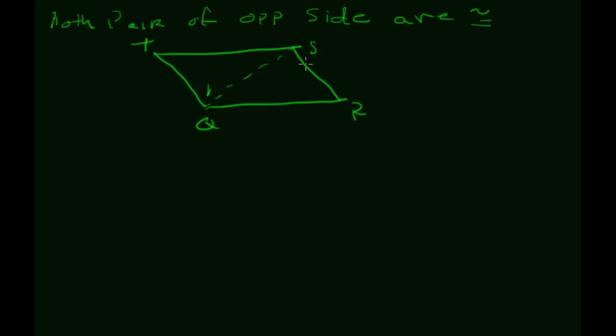Call that 1, 2, 3, and 4. And we're going to be given that the opposite sides are congruent. So if both pairs of opposite sides are congruent, then we're going to have a parallelogram, right?